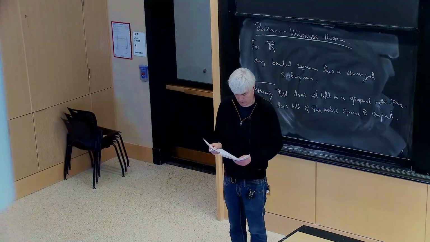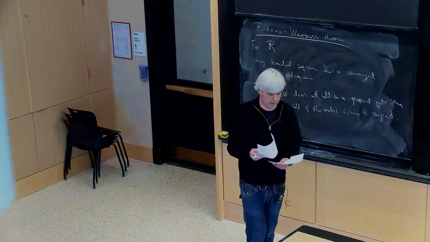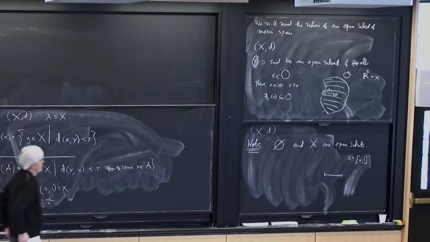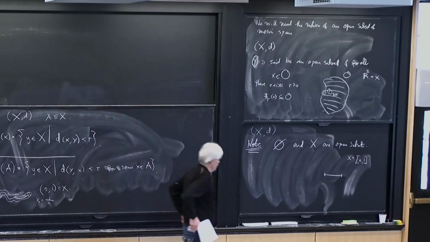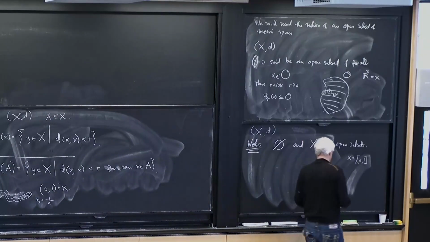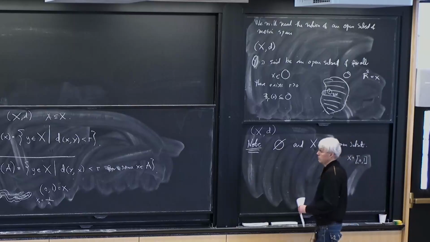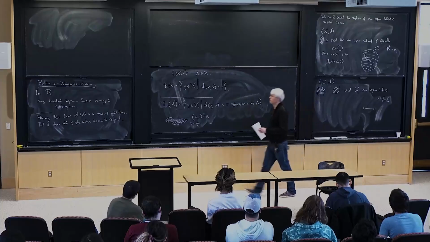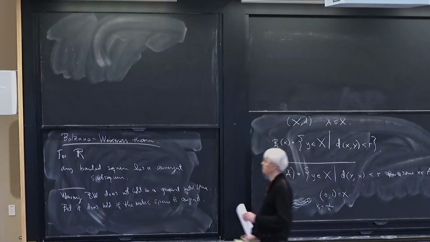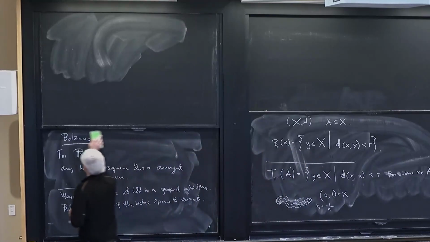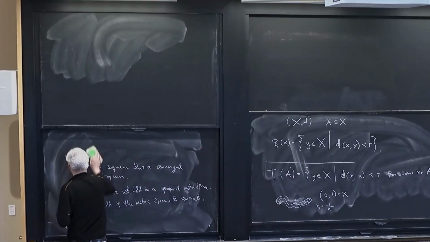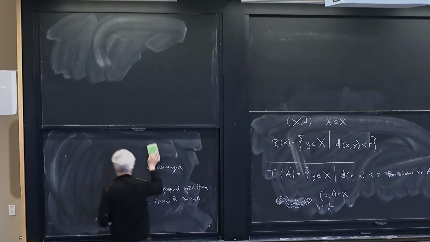So now the key here is, if you have an open set, how do you construct one? Well, maybe the first thing I should do is prove a lemma that is the following.